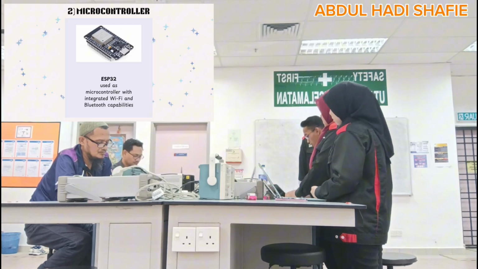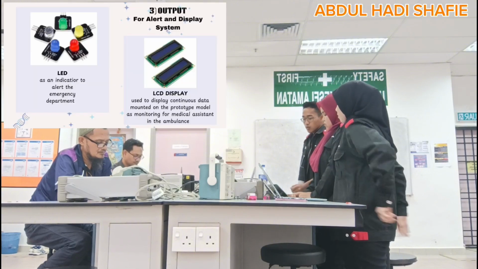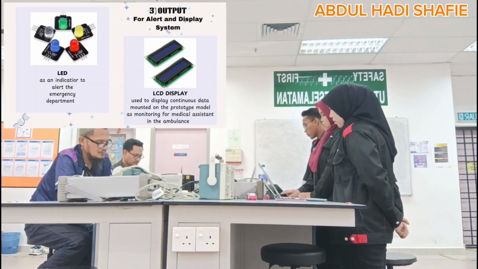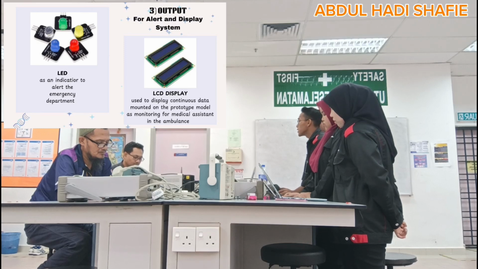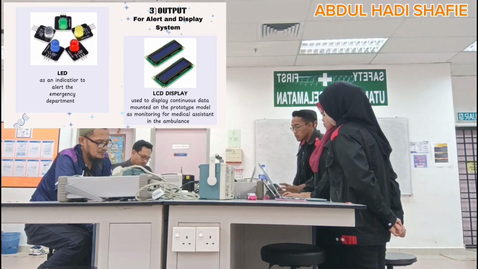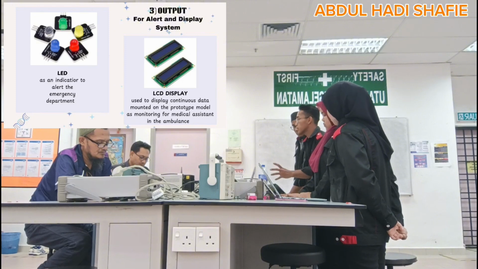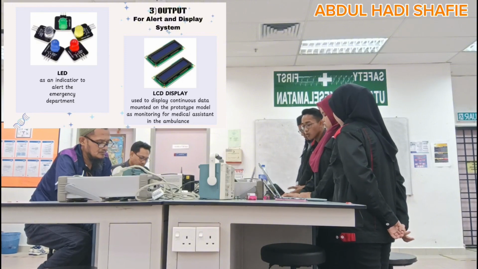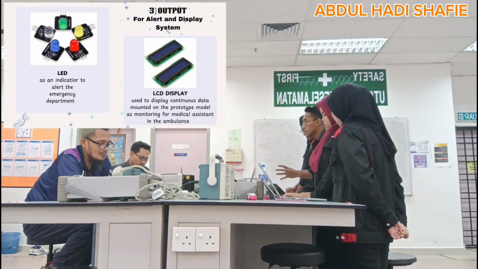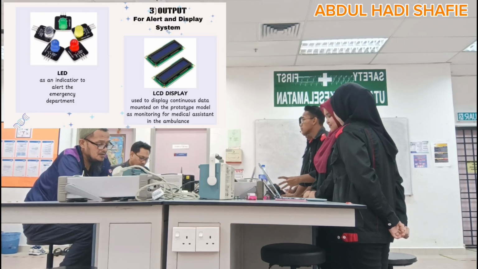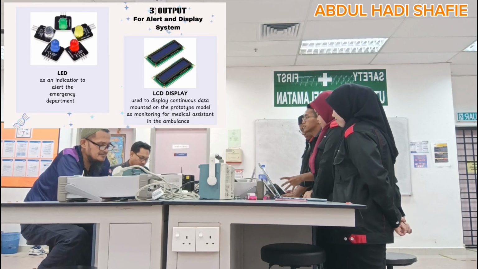And finally, there is an LED and also the LCD display for our output. The LED will indicate what type of severity the student is having, such as the red zone or the yellow zone. The differences between these two are severity and also the site of the injury.